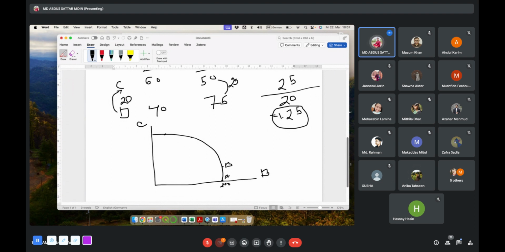So B point, it has to be a little bit more curvy shape, then this will be somewhere 165, and cloth production will be 15. Then at point C, 110. Let's say this is point C, so this will be 110, for example, and this will be, let's say, 40. So in this way you actually need to draw the diagram.